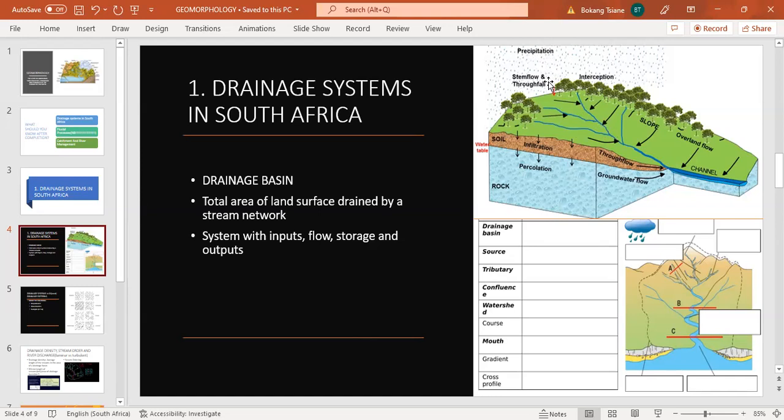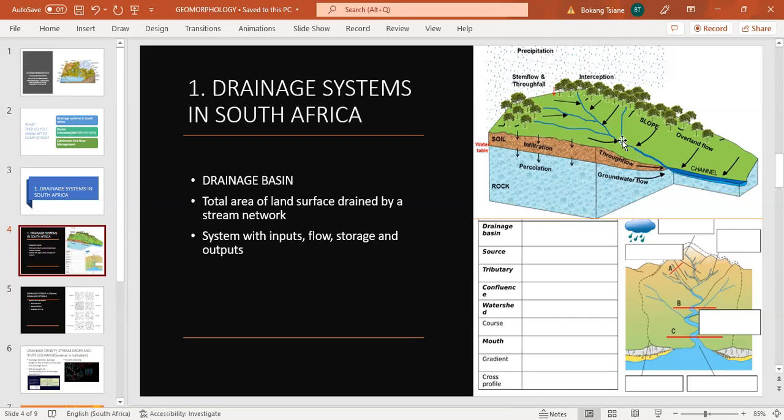You can see the stem flow and the flow. And then we have the storage. The storage: we have infiltration, where the water percolates through the rock and the soil to be stored as groundwater. And then we have another form of storage. We can have dams, we can have rivers, and then we have the output. The output is the channels when they lead to the sea.